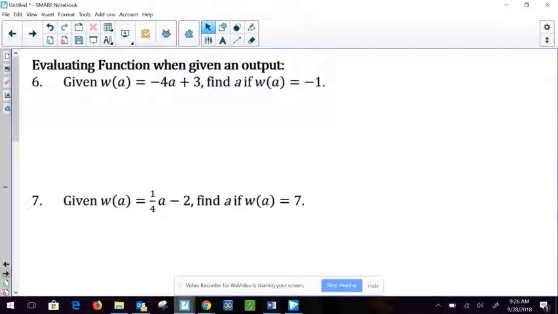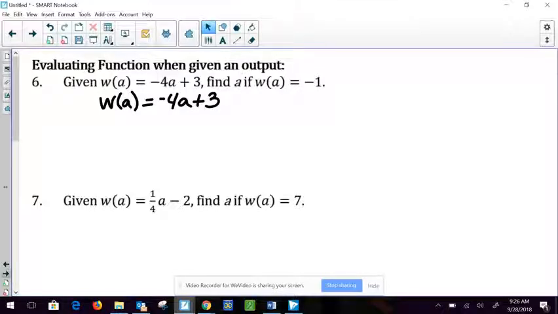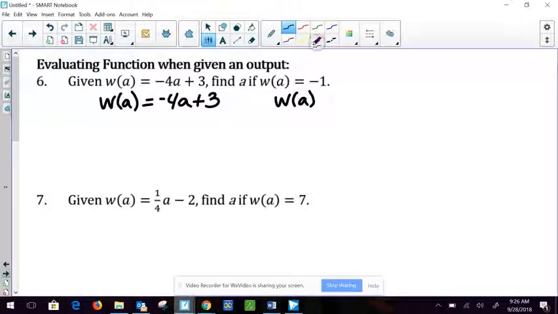So if I rewrite this equation to start with, I have w of a, and that's equal to -4a plus 3. The other piece of information I'm told is that w of a is equal to -1. So that means that wherever I see w of a, that's the same thing as -1.